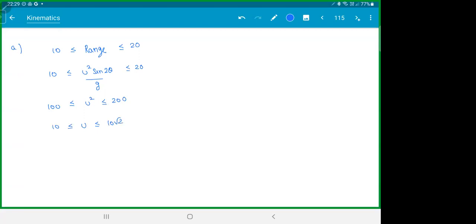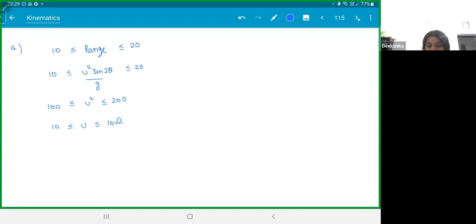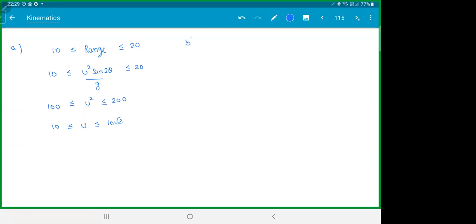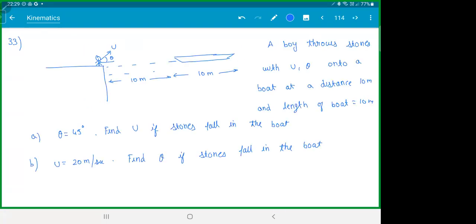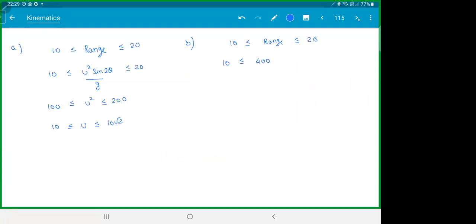Easy? Yes. Perfect. What about the second part? Same thing, the range should be between u and 20, but this time u square is 20 square, that is 400 sine 2 theta by g is less than 20. That will cancel.